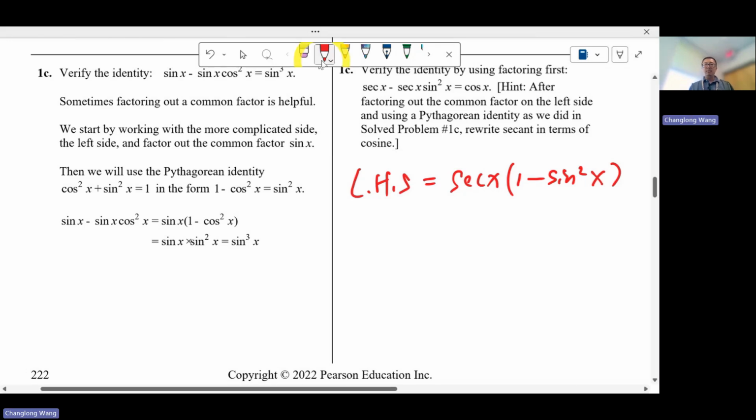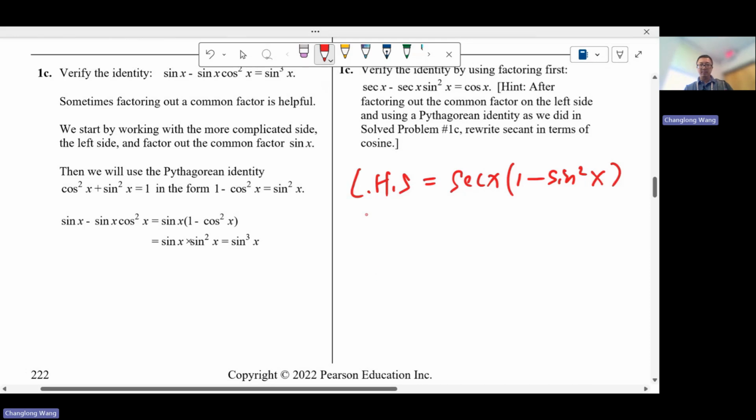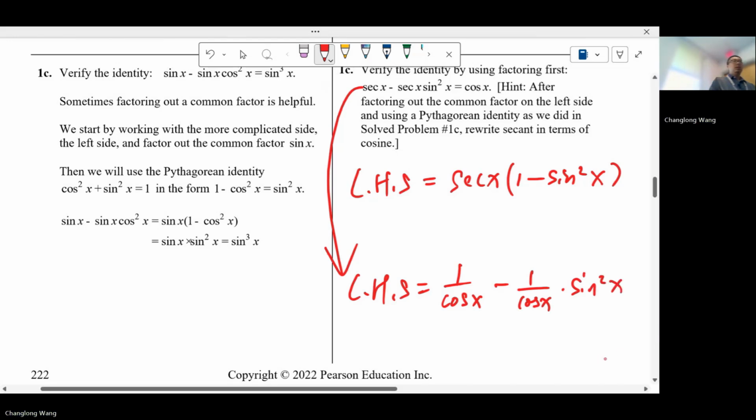Or at least, let's see what happens if I do it before. So I'll write the left-hand side as, you guys know, secant is 1 over cosine. So the first term is 1 over cosine minus 1 over cosine, and then you have the sine squared.